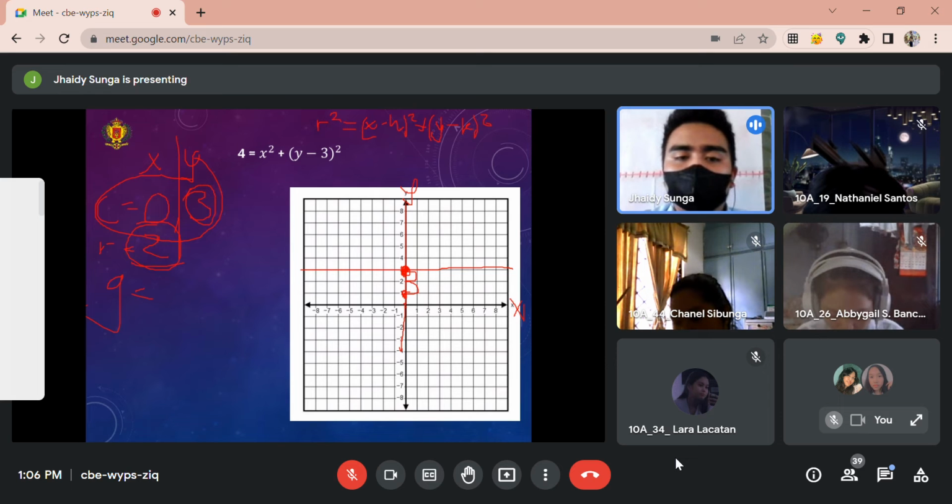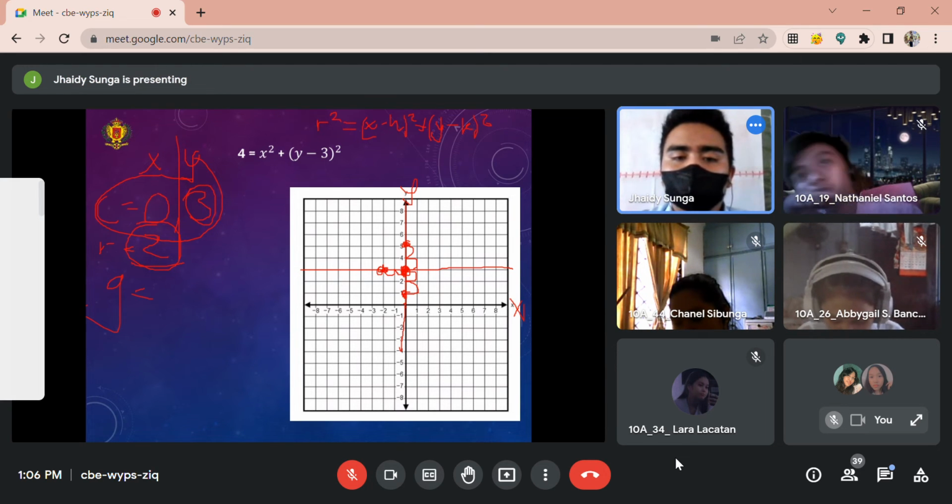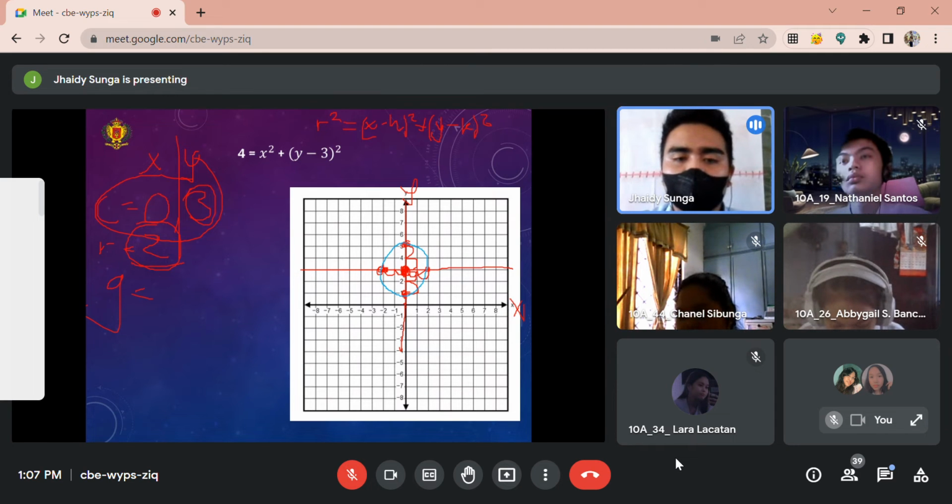And going to the upper part, 1, 2, this is your endpoint. And going to the x-axis, we count 1, 2, this is your endpoint. And going to the right, 1, 2, this is your endpoint. So if we are going to graph it, we could have this circle. Okay? Are we clear?